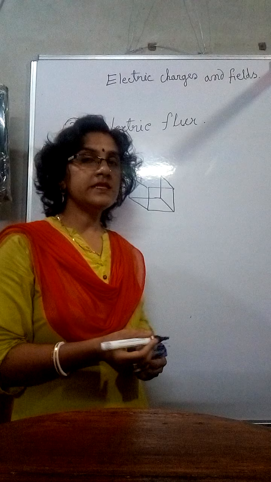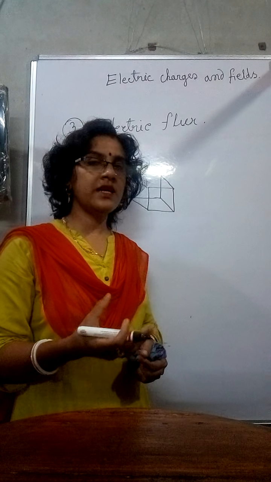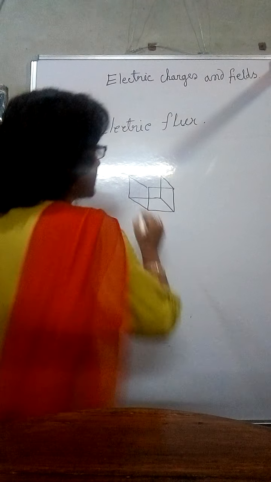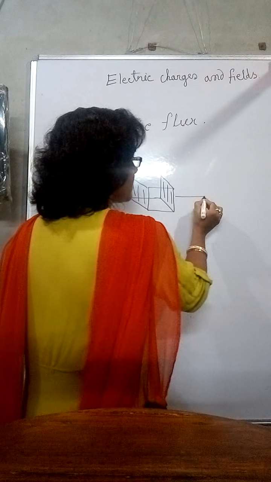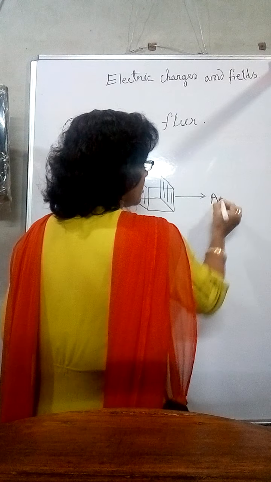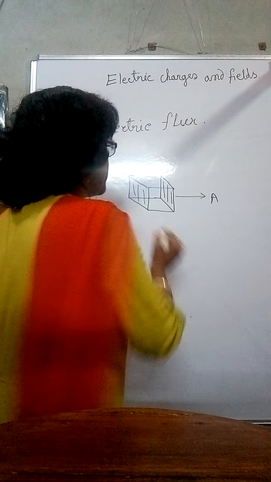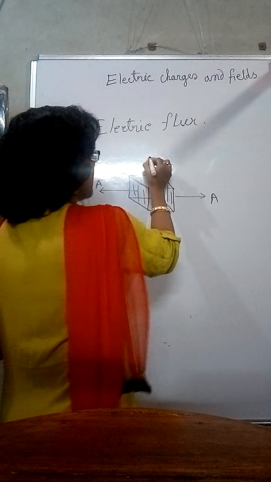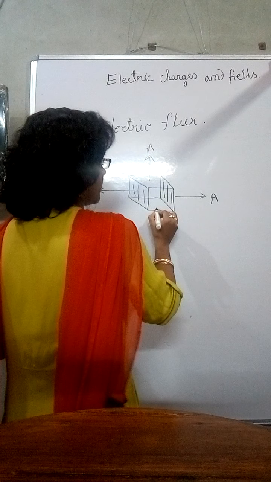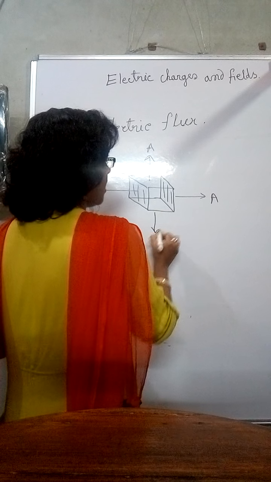When we consider a three-dimensional case, whatever the cube is there, it is considered as a closed surface. In that case, for the plane surface, its area vector is always directed perpendicularly, but always outside. Every side, its area vector is directed outside.